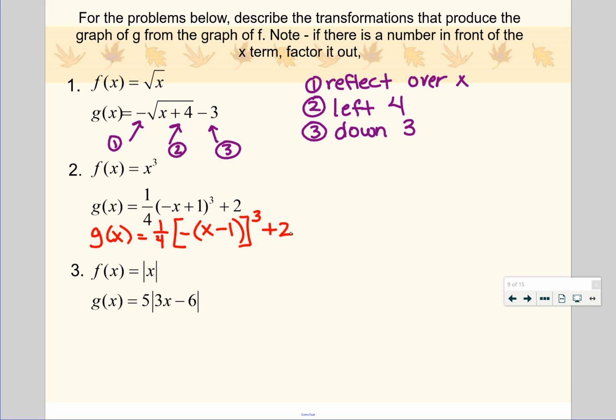All right, so now let's name what our pieces do. The first piece I noticed is I have a 1/4 multiplied on the outside. What is that going to do to my graph? If it's a negative, it would be a reflection. It's a vertical stretch or shrink. Vertical shrink, and then you could say by 1/4 if you wanted to. Second, I have a negative inside my function. What does that do?